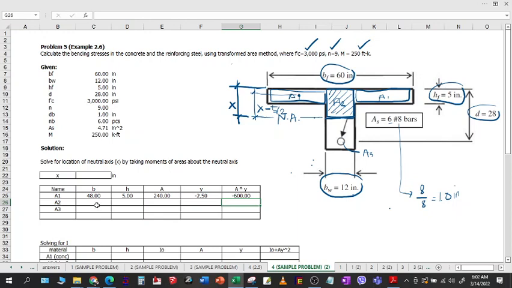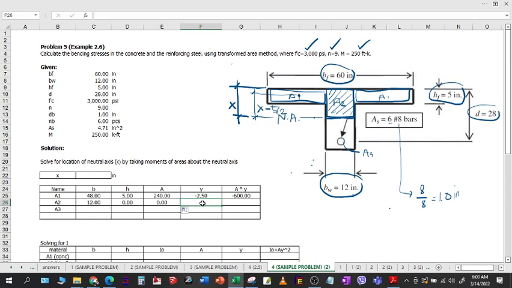Next, for area 2, we have this area. The width is 12 inches. And the height, we don't know yet because this is still an unknown x. So, we refer to this cell. Then for the area, we drag this formula down, and this will multiply the 2.